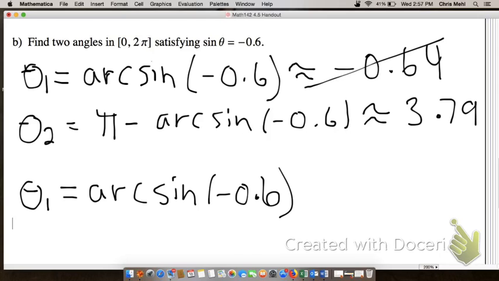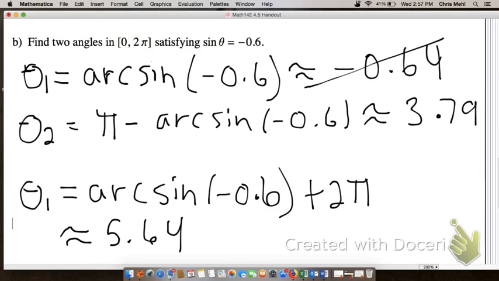And what we have to do now is add 2 pi to that to make sure that I get another coterminal angle with the same value of sine. This is approximately 5.64.